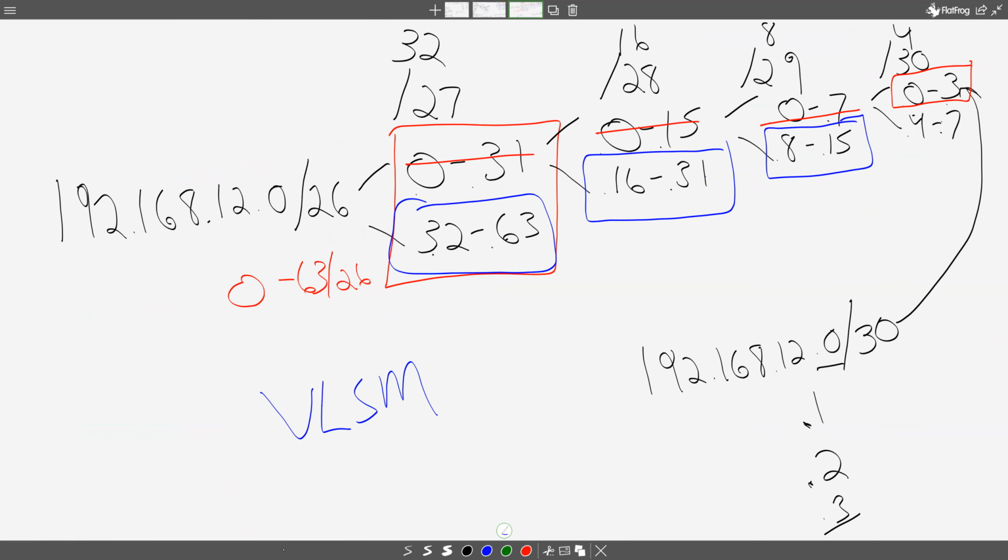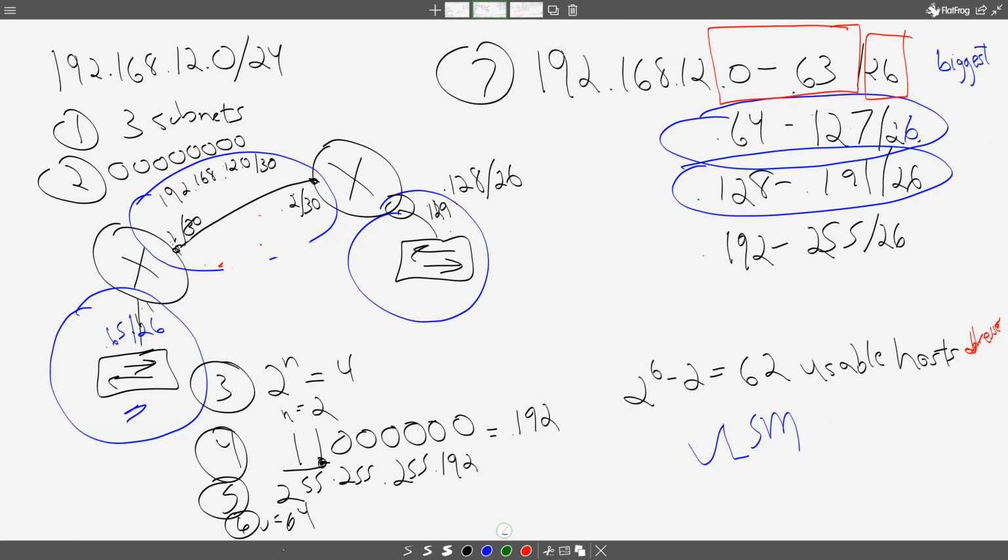I want those to be the addresses I use for all my point-to-point links. I don't want it to be .128. What would that be? .132, .136, .140. That's crazy. People use the low numbers typically in business. They use the low .0, 4, 8, 12, 16, etc. to be their point-to-points because it's easy to remember.